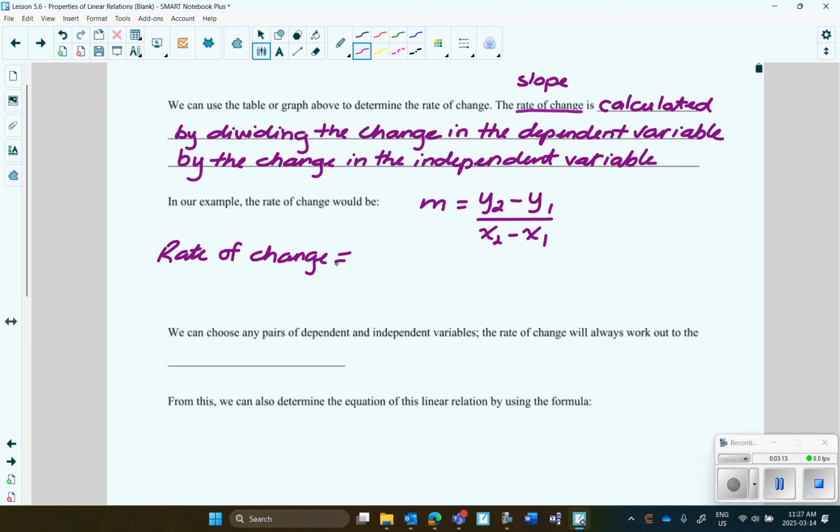So let's go back to the example. When I say our example, I'm talking about the pizza toppings. Give me one of the points. Sure. How about the ones without the decimals? Those would be easier. It doesn't matter which 2 points you use, the rate of change is going to be the same.